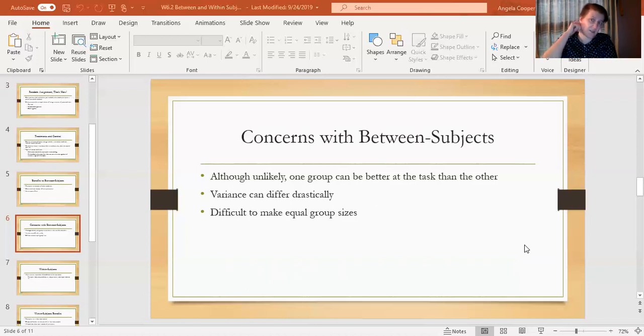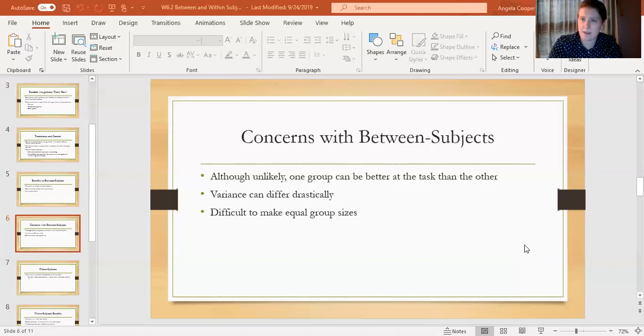So the variance or the variability between the groups can vary drastically. Like I said, some groups can be just better at performing the tasks than others, but the variance, again, the variability, the dispersion within the data set, within group 1 and group 2, can just vary at different paces just because you're using different people.